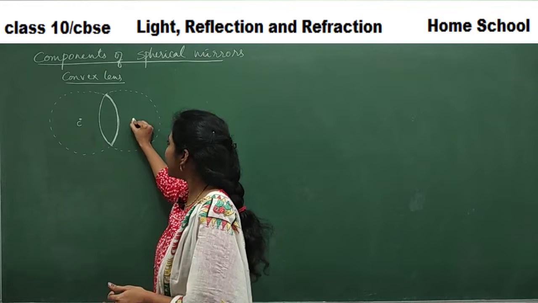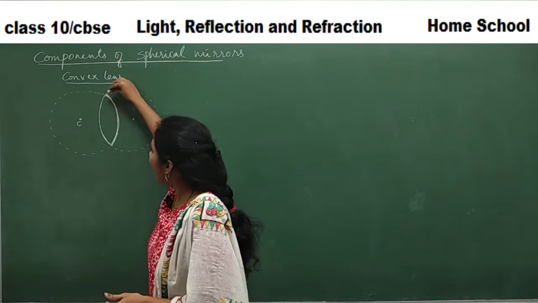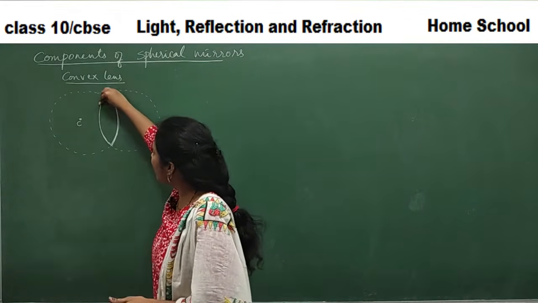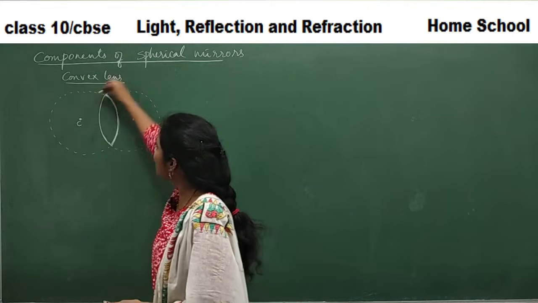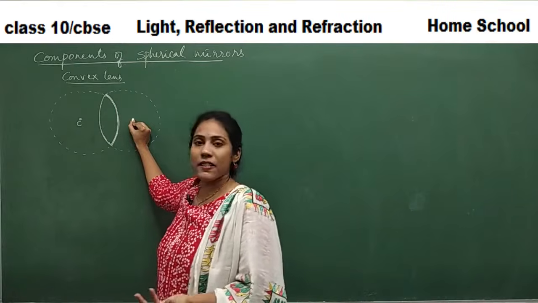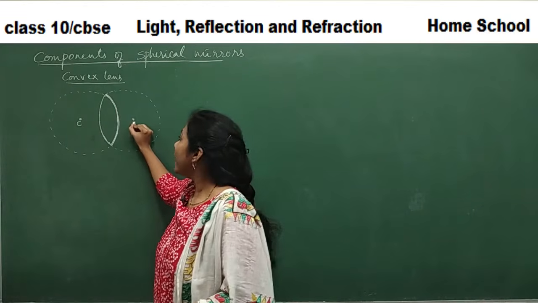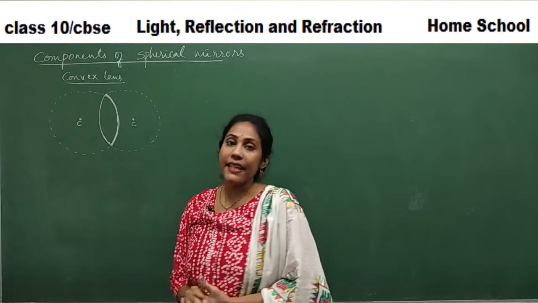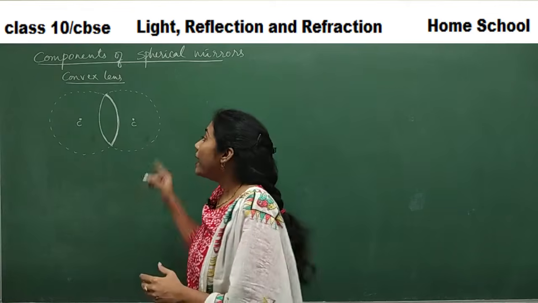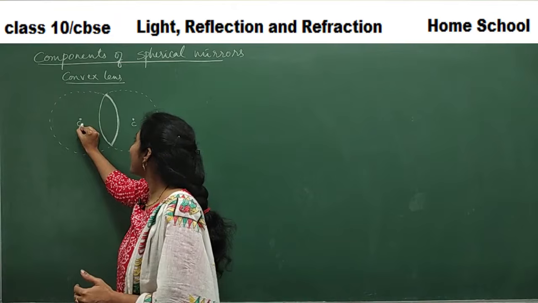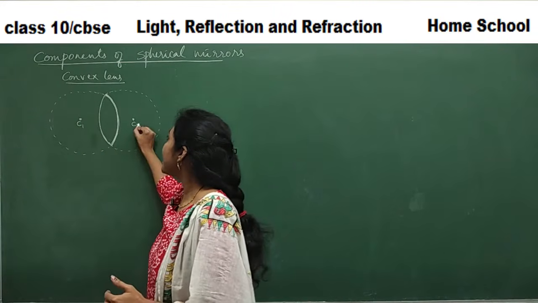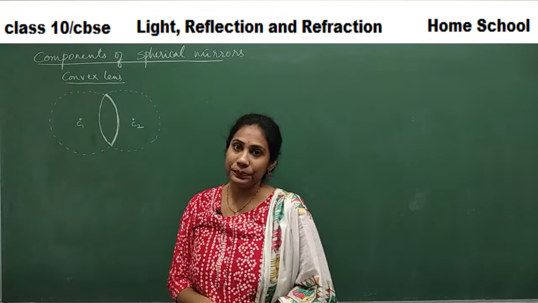This is another sphere, and this part is a part of this sphere. So this sphere also has a center, and this also I will call center of curvature. Let me call this center of curvature C1 and this C2.